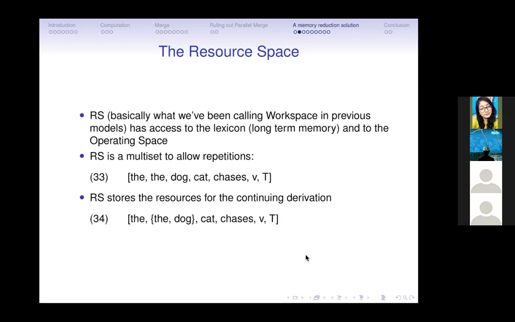And then once you've done your operations, you put the outcome back into the resource space. So for example, if you were to build the constituent "the dog" in the operating space, you could then put that back into the resource space and you'd get more structure in the resource space. Eventually, all the stuff in the resource space gets used up and you get a complex syntactic expression.